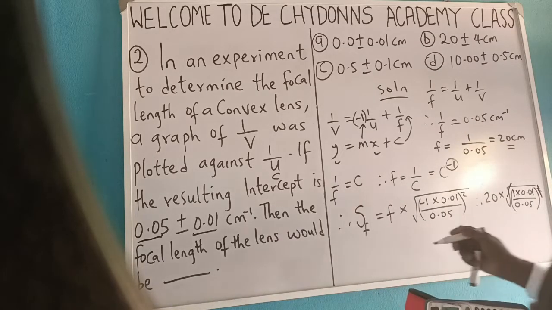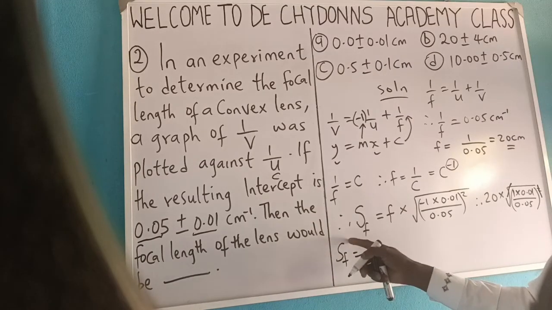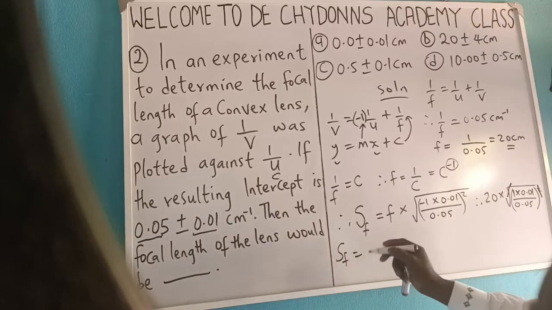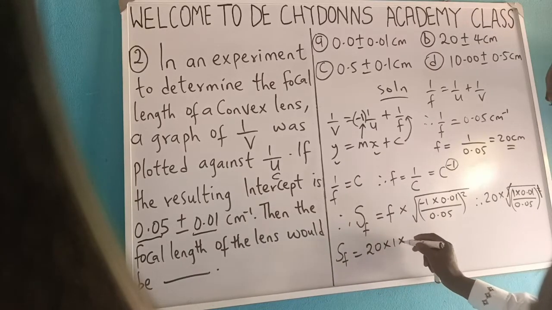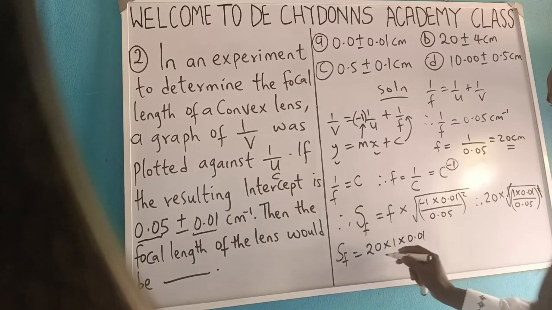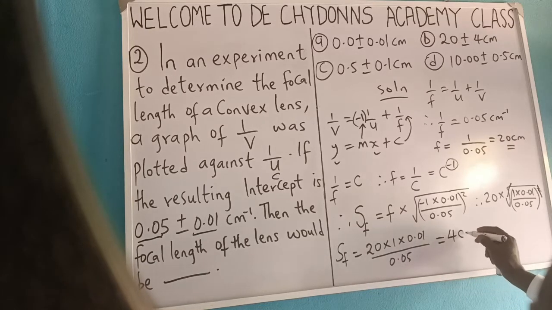So I will press my calculator. S of f, the standard error in getting focal length, is equal to 20 times 1 times 0.01 all over 0.05. And that will be 4 cm.